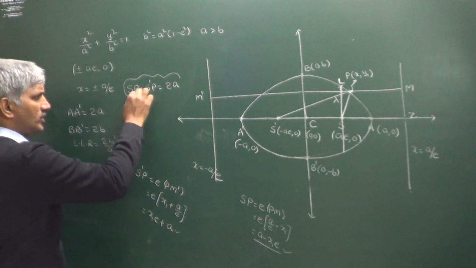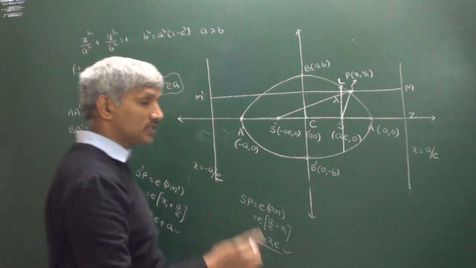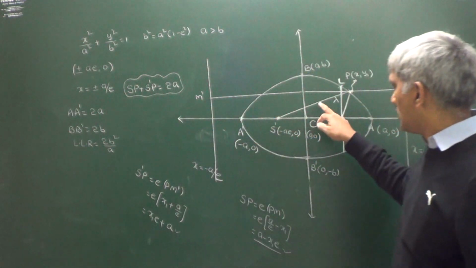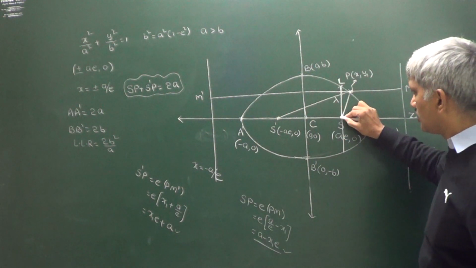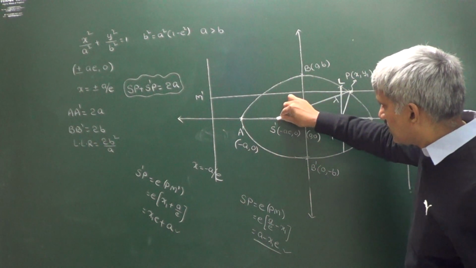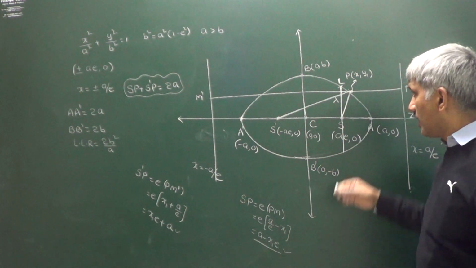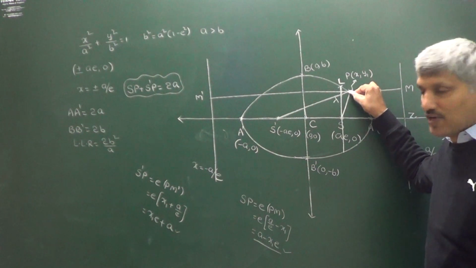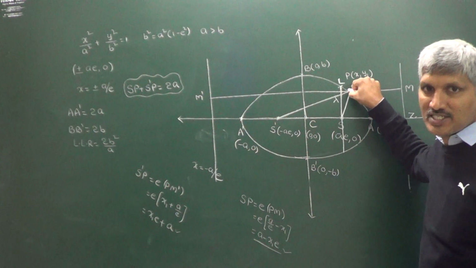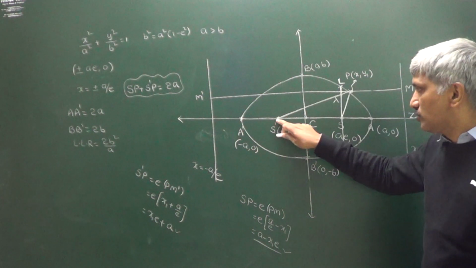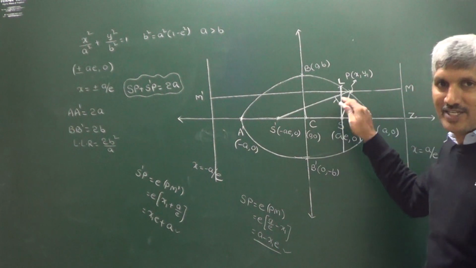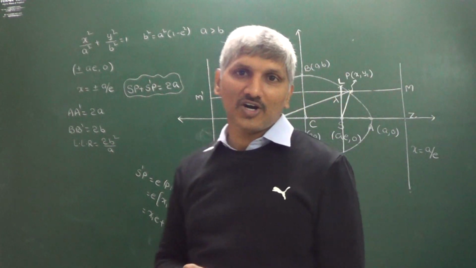So with the help of this also we can discuss the definition of an ellipse: the sum of the focal distances. SP is the focal distance and S'P is also a focal distance. A point is moving in such a way that the sum of its distances from two fixed points is always constant.